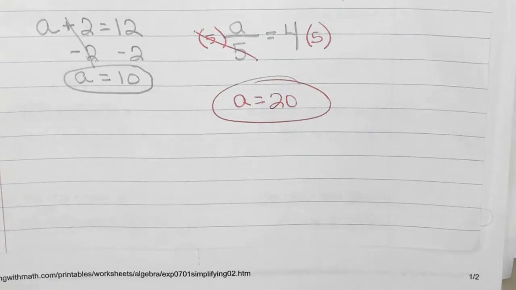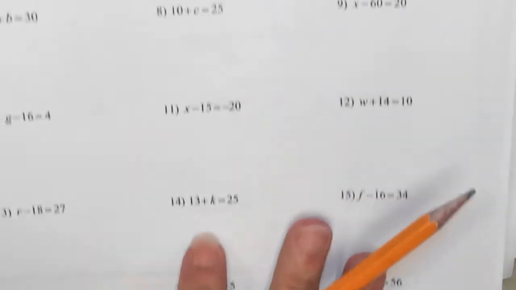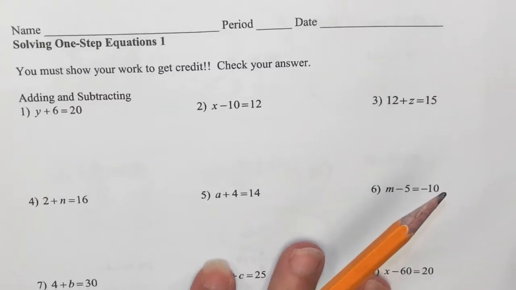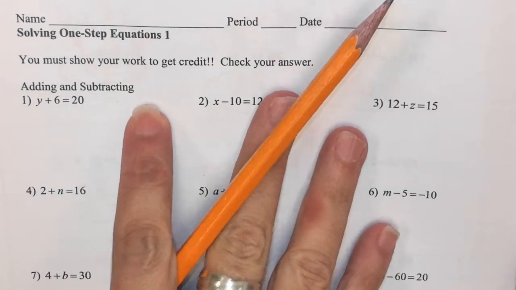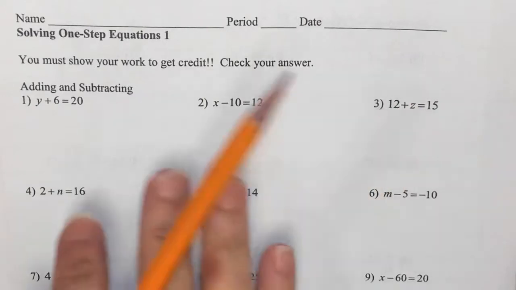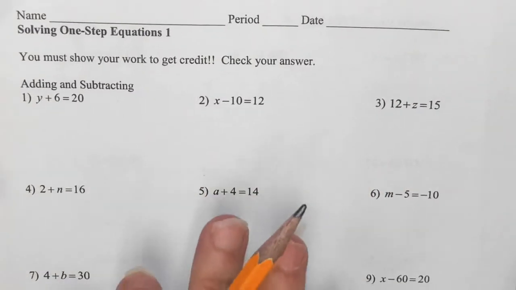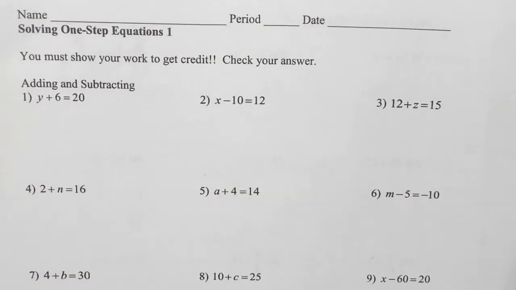The homework tonight is working on these one-step equations, the front being adding and subtracting, the back being multiply, divide. In class, I normally do the first couple with you. There are also just a few that have some really weird answers, so you need to kind of get with me here.